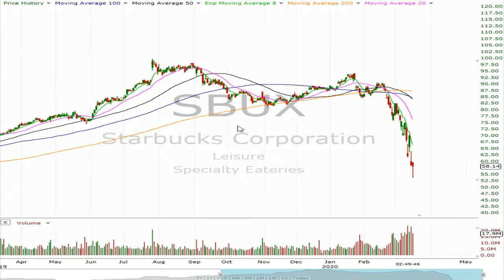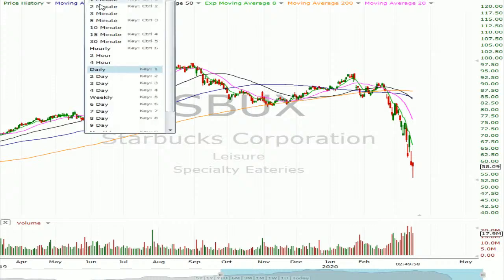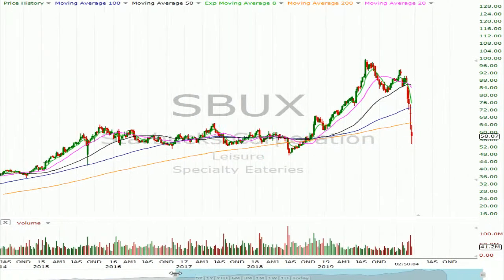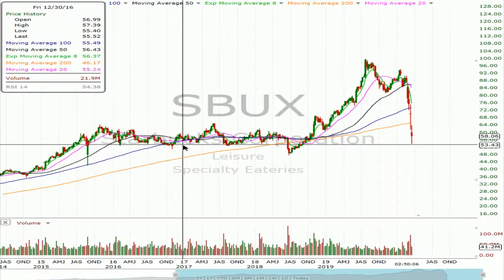Now, one thing that I want, and am not always getting right now because so many things have gotten hit so hard, is a stock that's at a longer term level of support. I thought Starbucks was interesting because you can see the stock rolling over into a really big area of support.